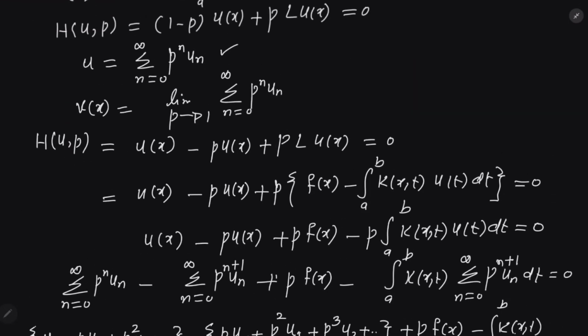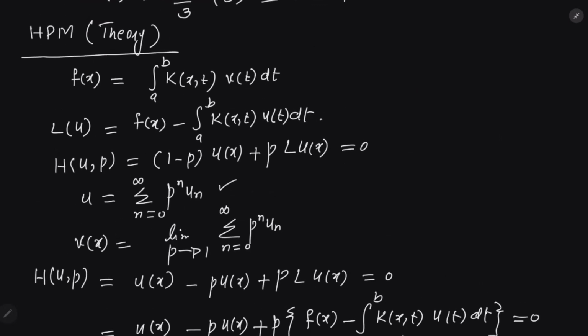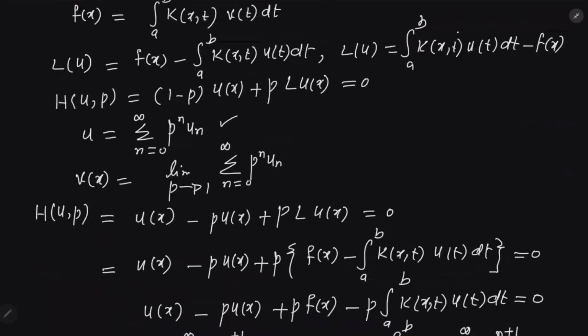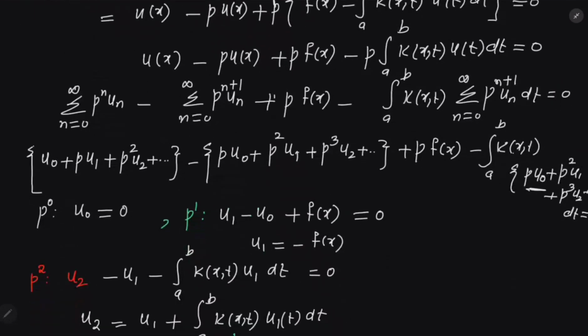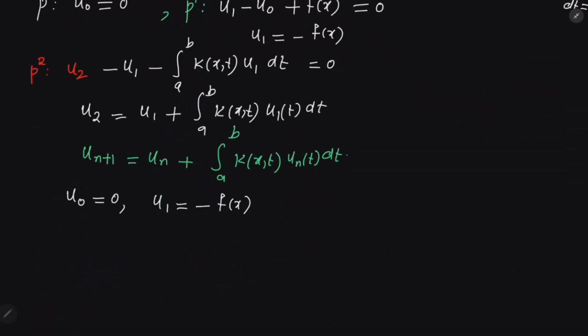You can in fact write this as L of u = ∫ from a to b k(x,t) u(t) dt minus f(x). If you define your linear operator like this, then you will get this term, which I write over here: u1 is minus f(x), and u_{n+1} = u_n + ∫ from a to b k(x,t) u_n(t) dt.